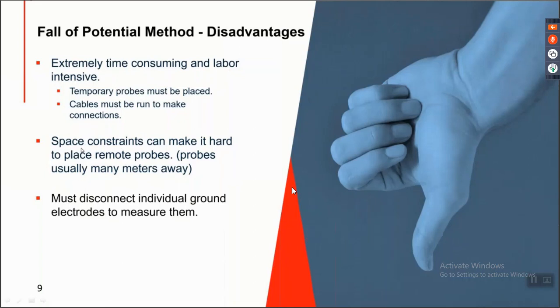Also, if you have limited space, limited area, I think you will have a problem when you use this method, because sometimes we don't have enough place to put the current probe far away from the electrode under test. And also the individual ground electrodes must be disconnected from the system, so you need to measure the individual ground only.